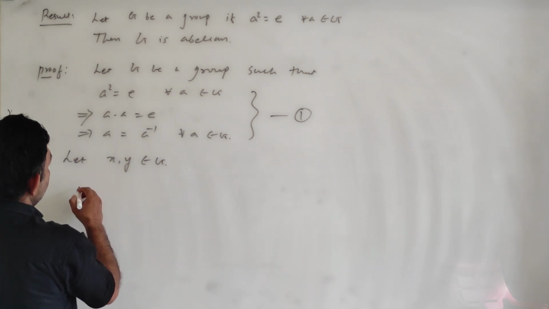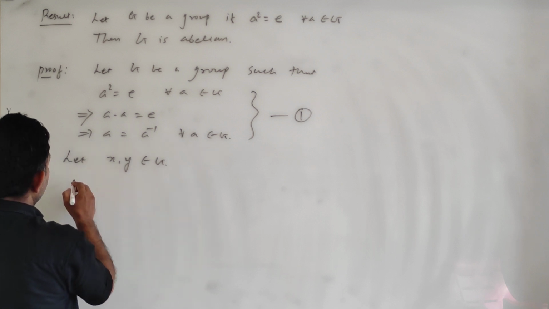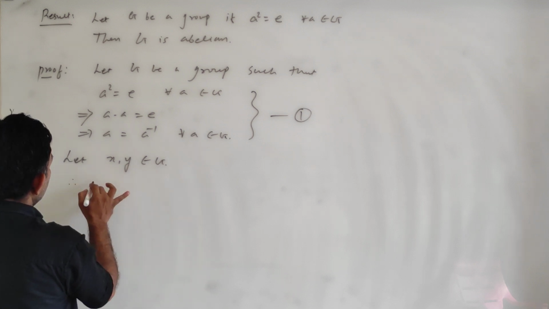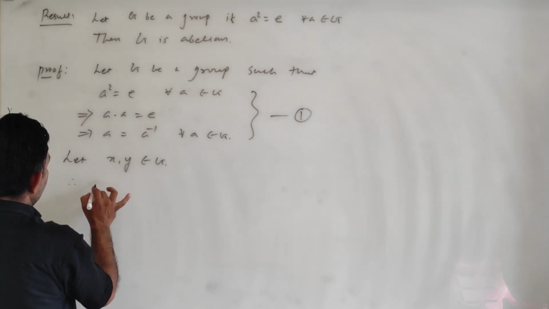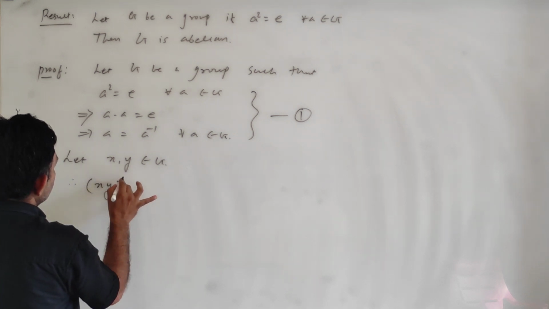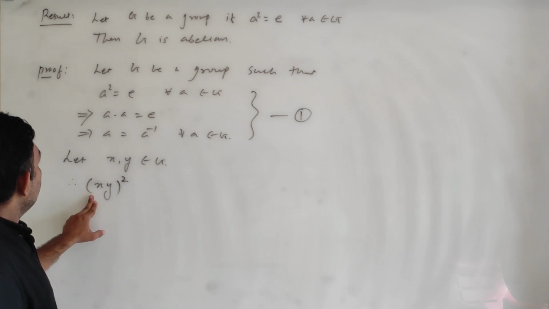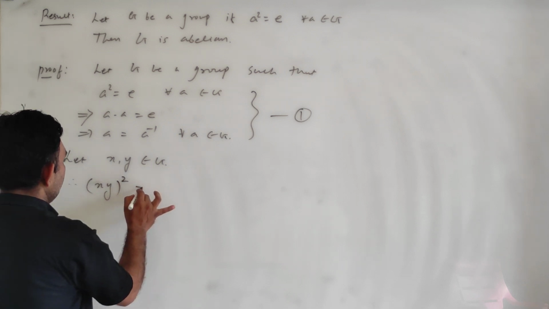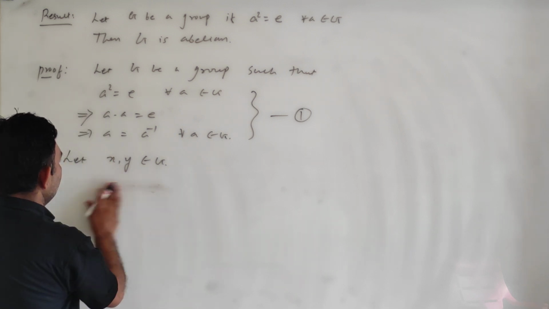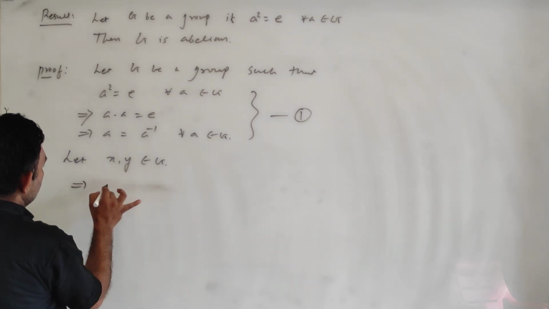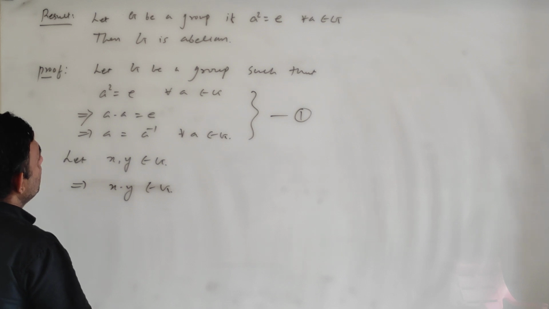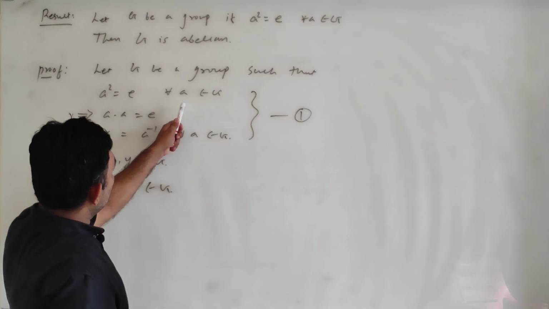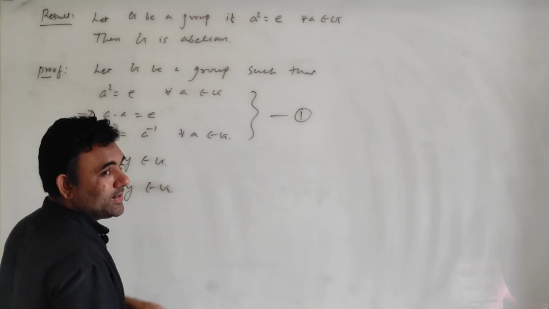So x, y belongs to G. Therefore let me start with this (xy) square. Let me write in this way: x, y belongs to G, it means x into y is also in the group, because the product is also in the group. But for every element in the group, I have its square is identity.